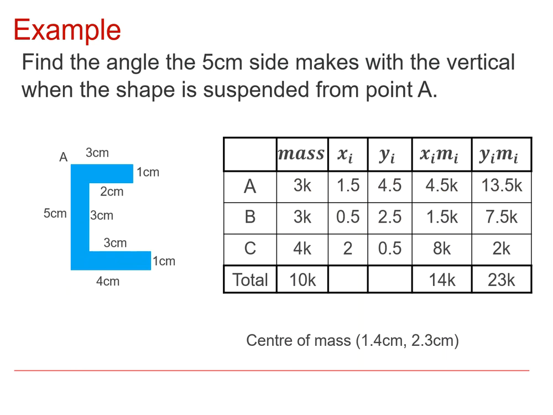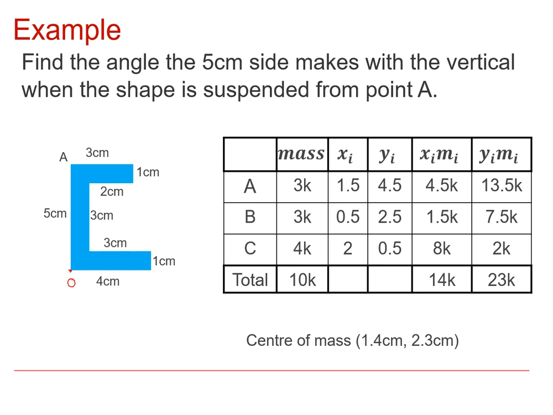Having done that for all three pieces, we then find the total of the coordinate times the mass for the x coordinate and the y coordinate, and then divide each of those by the total mass, and that gives us the coordinates of the centre of mass, which for this shape turns out to be (1.4, 2.3). And as I say, that is from the origin at the bottom left.